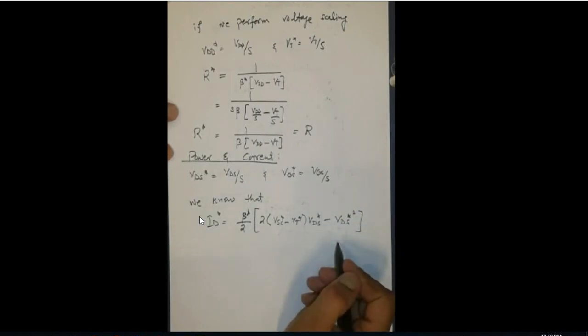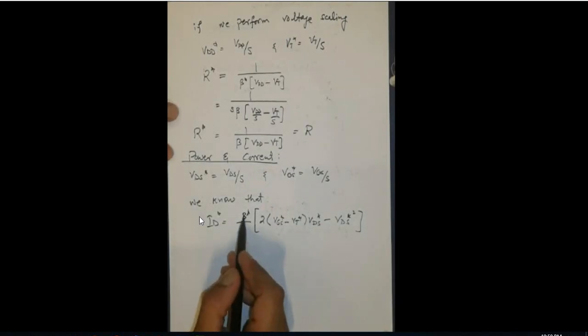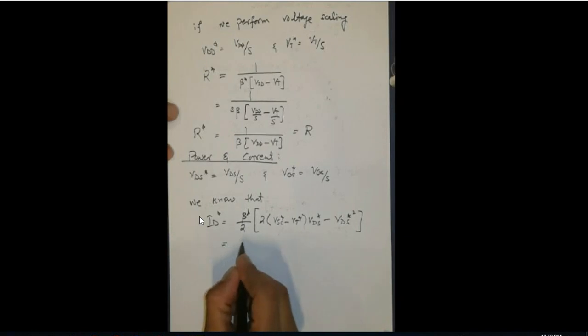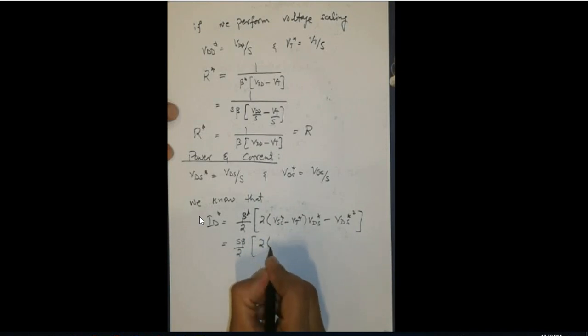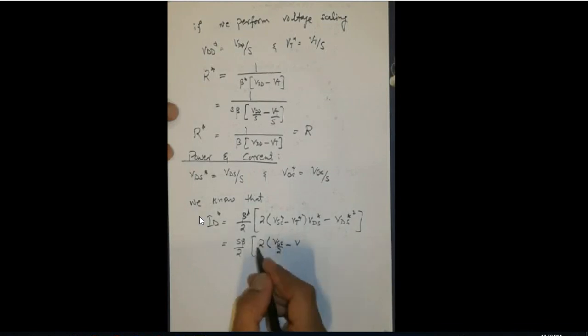This is the expression for ID, the current in saturation region. If we put the values here, we will get S beta by 2, then we have 2 into VGS by S minus VT by S, and then VDS by S minus VDS by S squared.